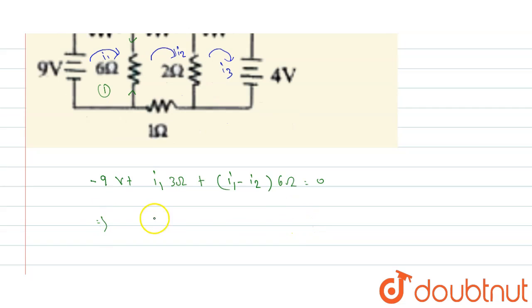That implies, students, we get 9I1 minus 6I2 is equal to 9. This is our equation 1.